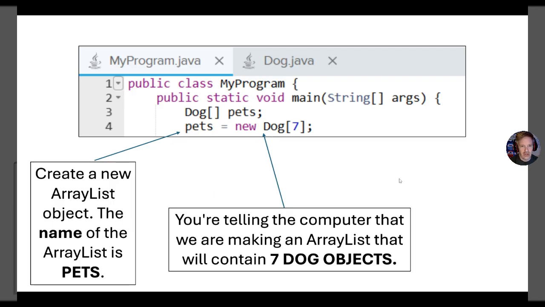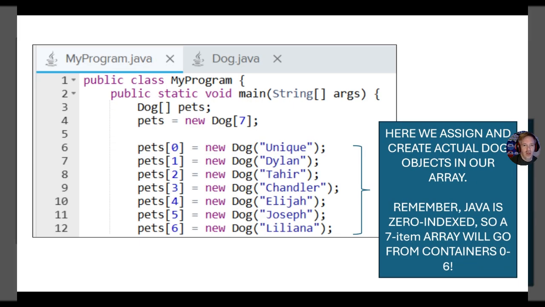So what do we do next? Well, we have to create actual dog objects in our array. Remember, you're creating based on 0 indexes. So at pets index 0, I'm creating a new dog object, and I'm going to call it unique. Then pets in our 1 container. Remember, if we go back to that illustration, you have the different cups, and the cups are the containers.